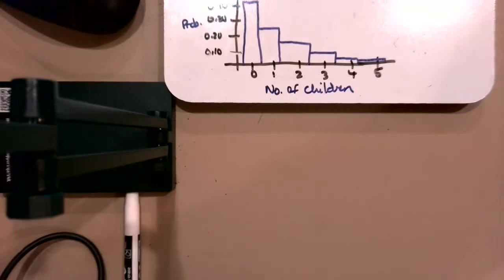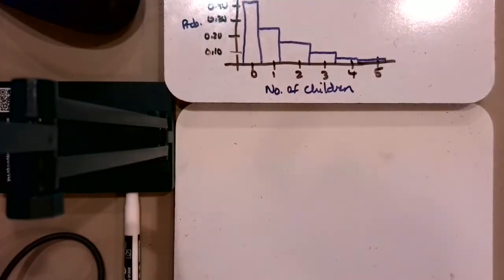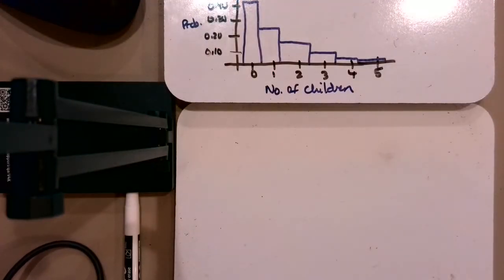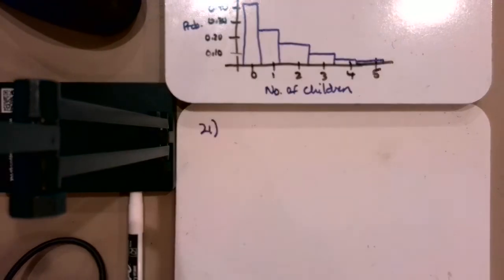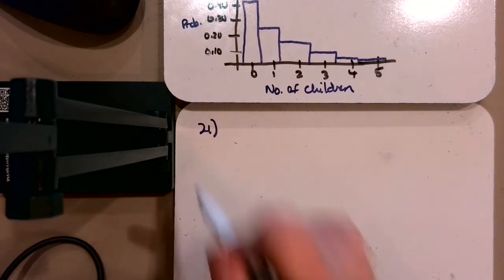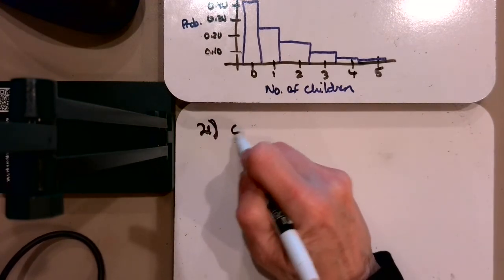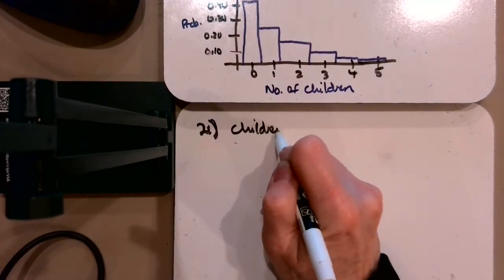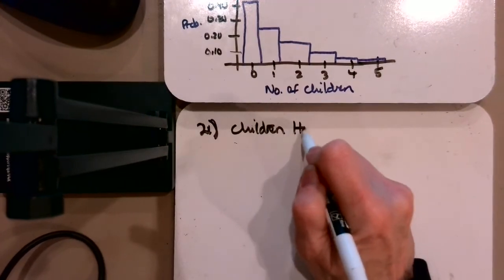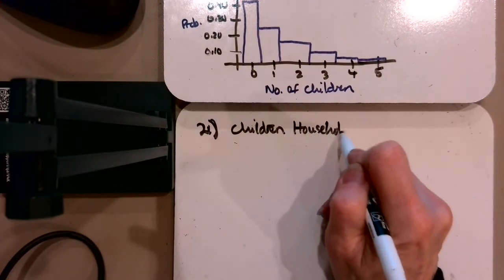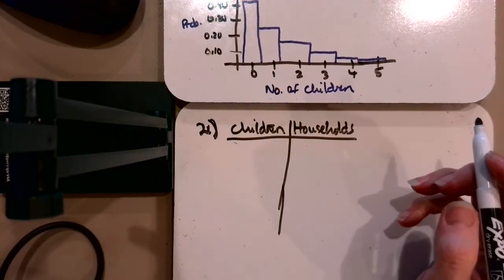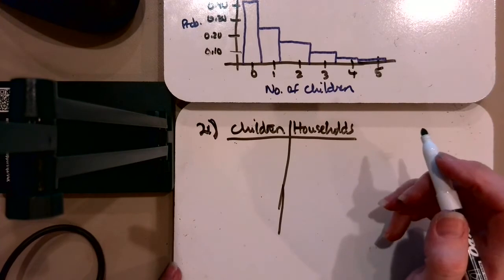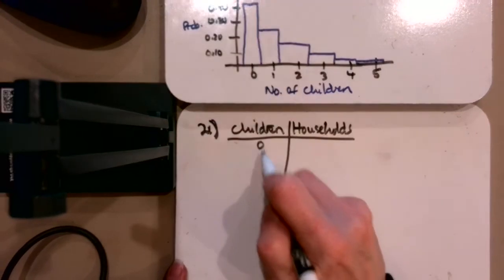The other version of number 21 had this table. So we had children, households, so we had 0, 1, 2, 3, 4, 5 children.